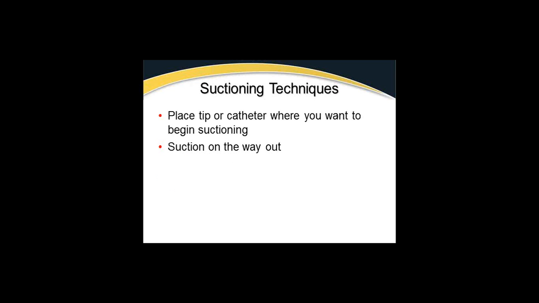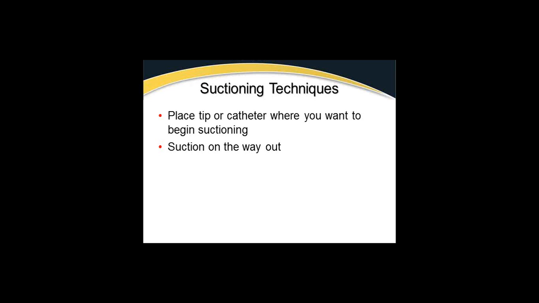Place the tip of the catheter where you want it to begin suctioning, and then suction on the way out. So you feed your tip in, then you start to suction. How do you apply suction? Both of those catheters typically have a hole up on the hand portion where the flexible tip connects into the tubing, or right about midpoint on the rigid tip, there's a hole.